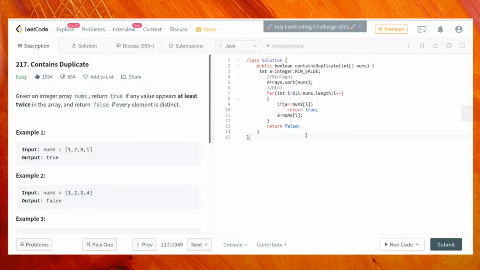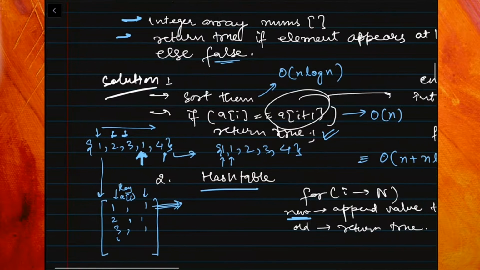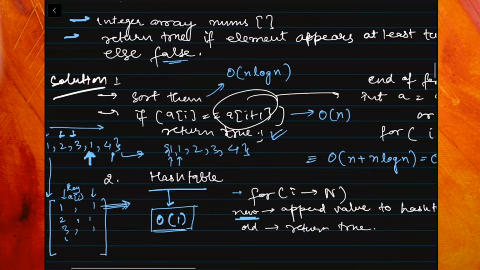One more thing I forgot. The hash table uses O of 1 to get any element, and we would be using a for loop, so that would be O of n. If we combine this, we would have O of n as time complexity.